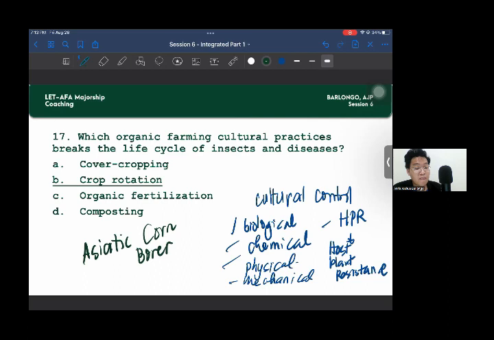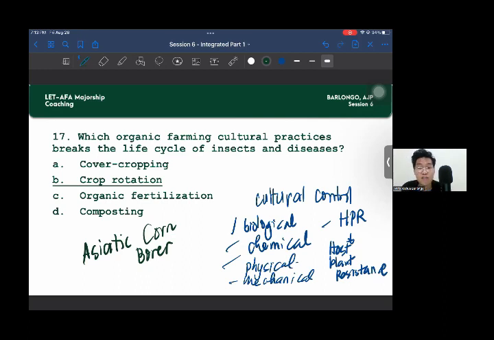So that is why gumawa sila using biotechnology ng BT corn, which is Bacillus thuringiensis corn. Yung Bacillus thuringiensis pala is a bacteria. Kapag nakain siya ng Asiatic corn borer, mamamatay yung Asiatic corn borer.